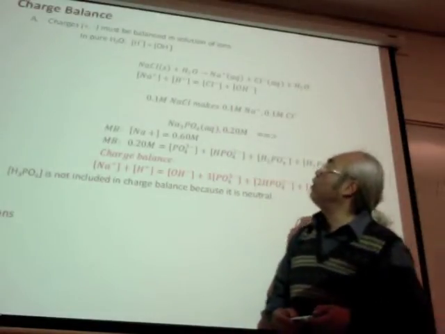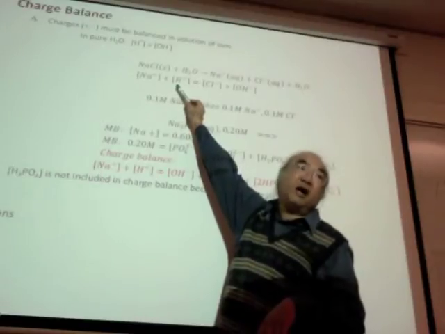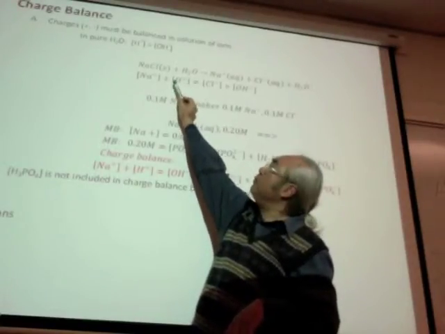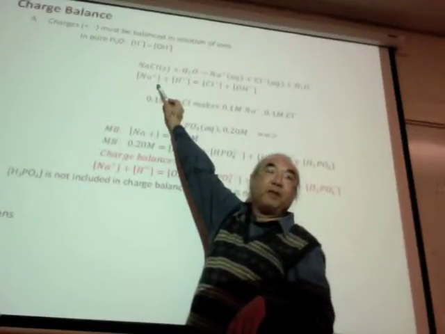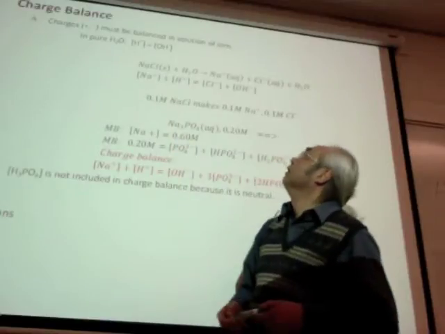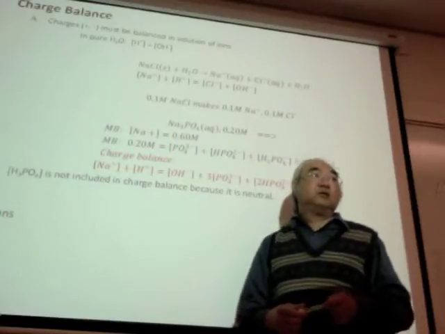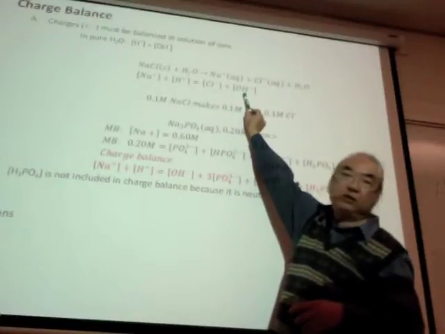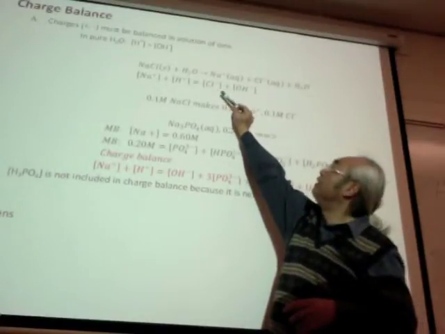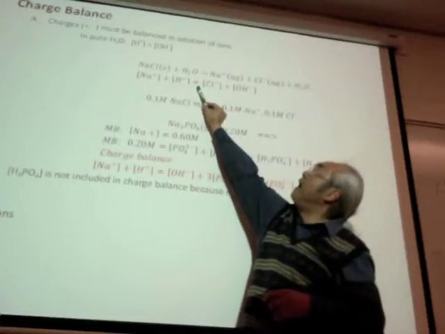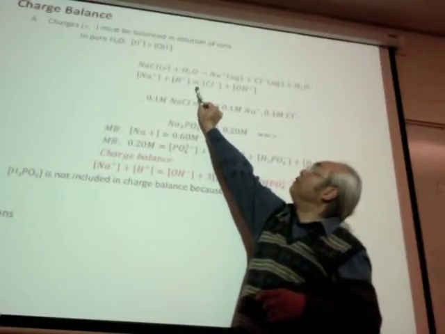So the charge balance, correctly written, will be the water proton plus the sodium cation on one side. The sum of the two is the total plus charge, and the negative charge will be this one from water and this one from NaCl, obviously. So now it's balanced.